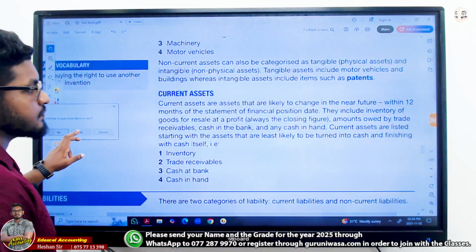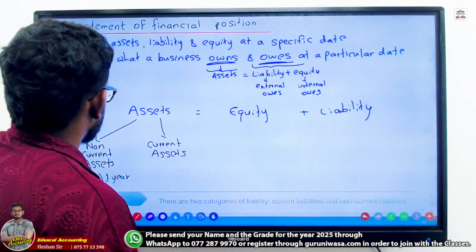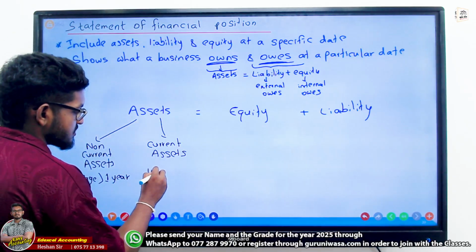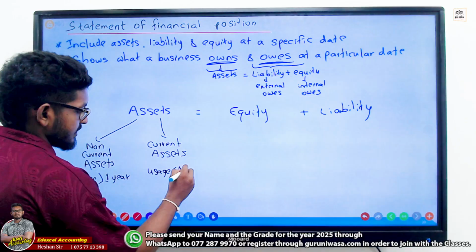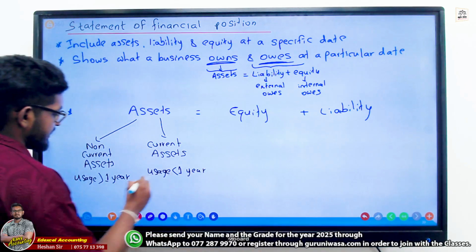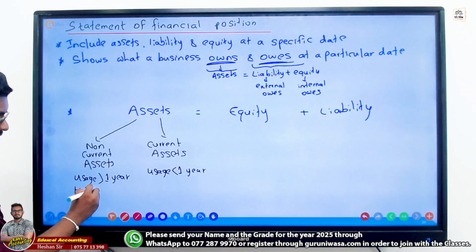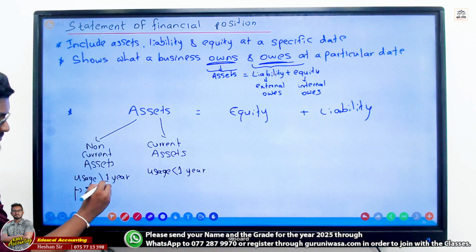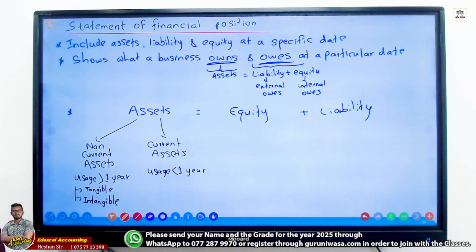Now, normally, current assets means usage is less than 1 year. Here, non-current assets we categorize into two: tangible and intangible. Right?